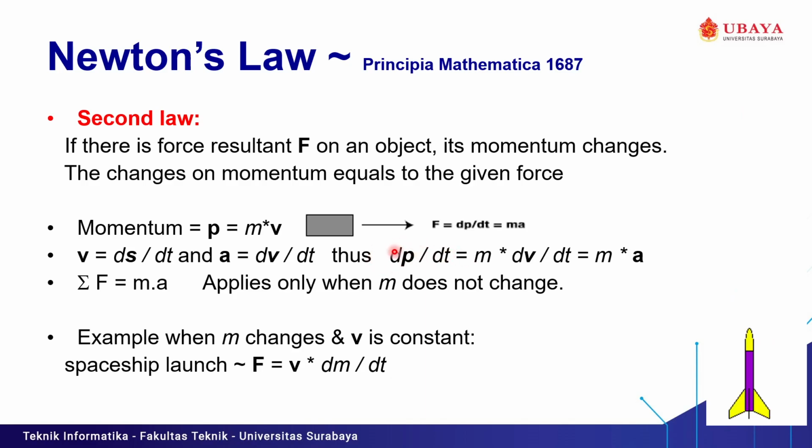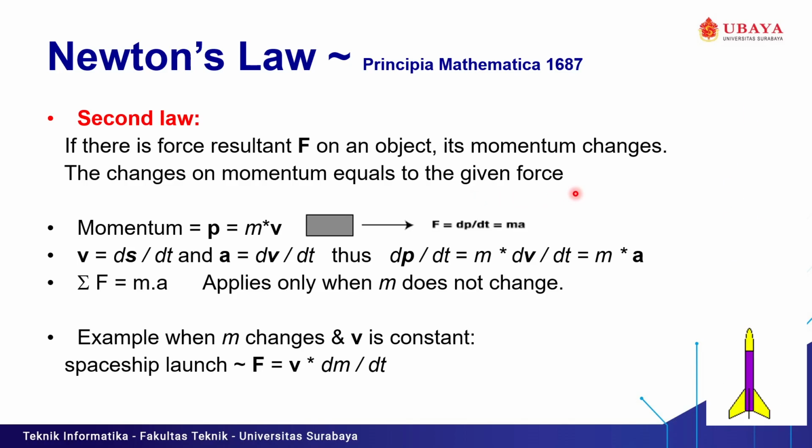The change of momentum over time can be expanded to m times the change in velocity over time, which equals m times a. That's why we get the familiar formula F equals m times a.